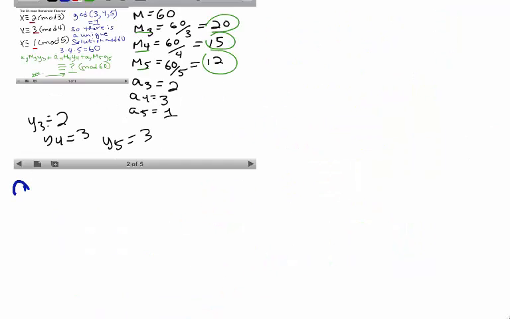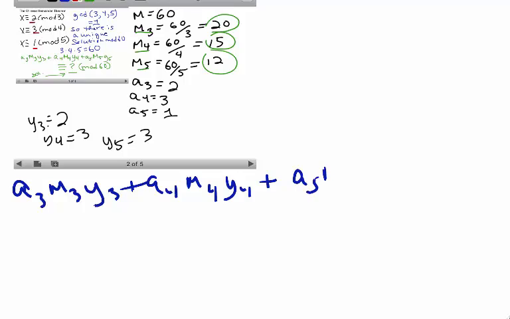Again, we wish to solve a sub 3, m sub 3, y sub 3, plus a sub 4, m sub 4, y sub 4, plus a sub 5, m sub 5, y sub 5, congruent to some number mod 60.